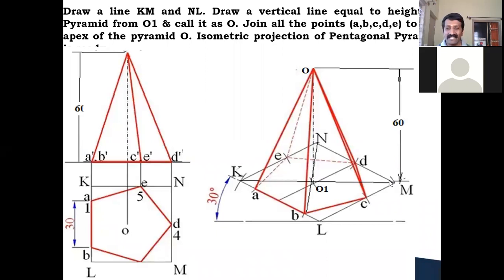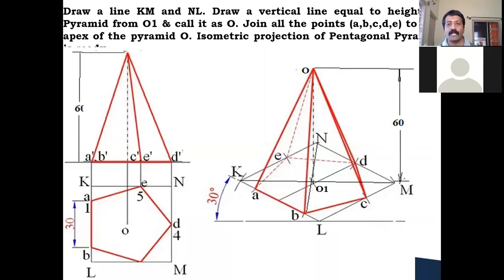Those are the diagonals. Wherever they intersect, that is the center of your pentagon. See, this is the intersection. So this is the center of your pentagon.